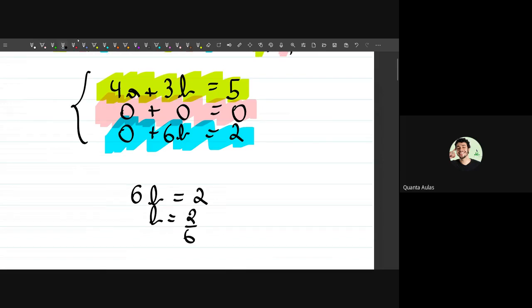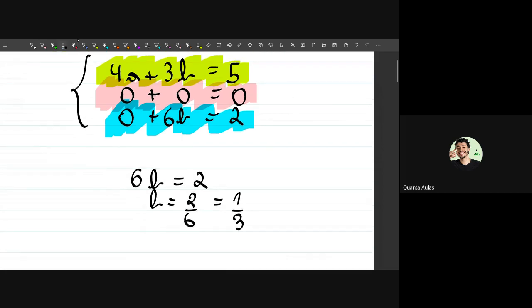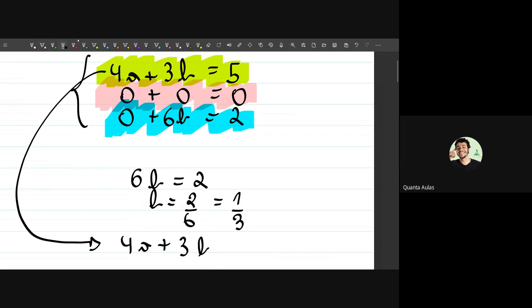Perfect. This is 1 over 3, right? You can simplify these things. So you know the value of b, and now you can get the value of a. You just need to put this value of b here, okay?